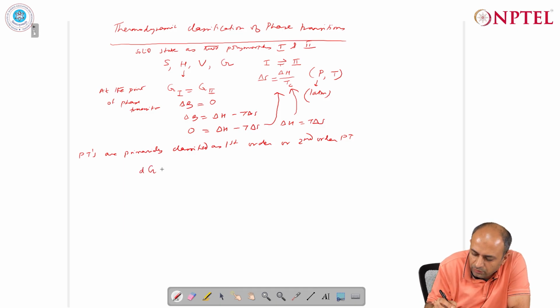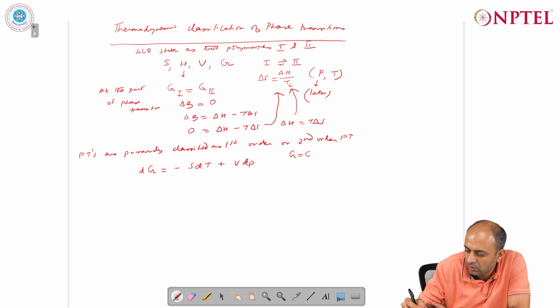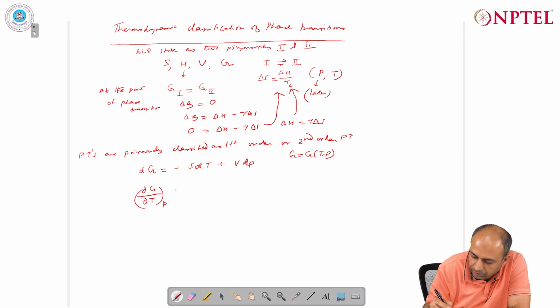We start with the fundamental relationship dG = minus S dT plus V dP, telling you that the Gibbs free energy change is a function of temperature and pressure. So G is a function of temperature and pressure, and dou G by dou T at constant pressure gives us the entropy change, with a minus sign.